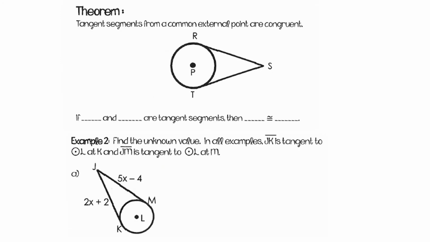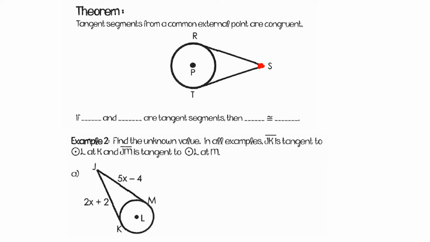Okay, the next theorem that we want to know about tangent segments says that tangent segments from a common external point are congruent. So if we have more than one tangent segment that's touching the same circle and they're coming from the same point, then those two lines are congruent.